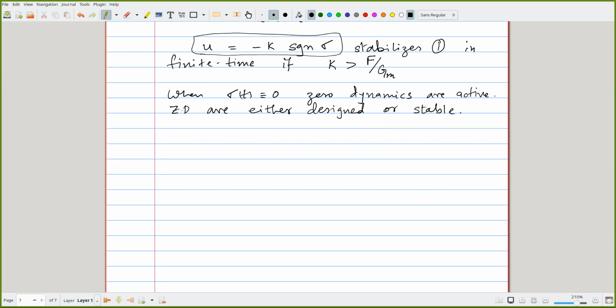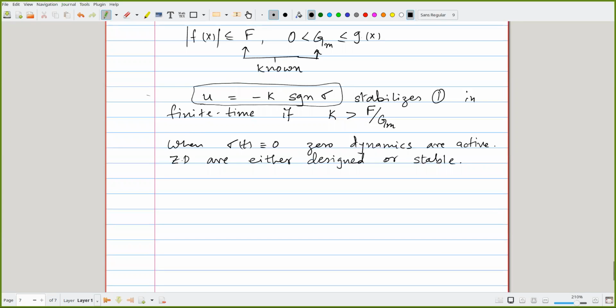So once you make sigma 0 using this control, if k is designed according to this condition, then this control will definitely make sigma 0.